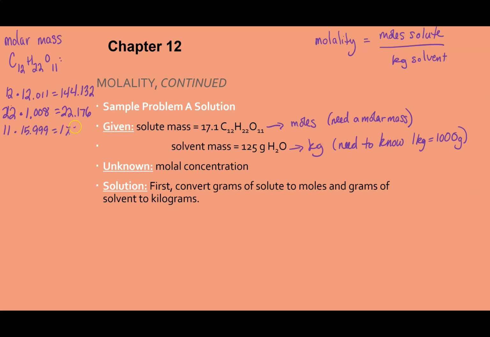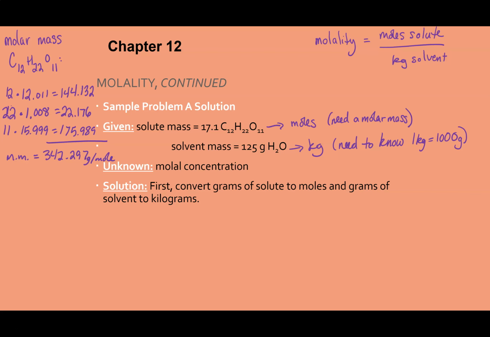I'm going to get 175.989. I'm going to add those up. I'm going to get a total mass of 342.297. Remember, yours can be close. If it's not exactly the same, your numbers will be slightly different.